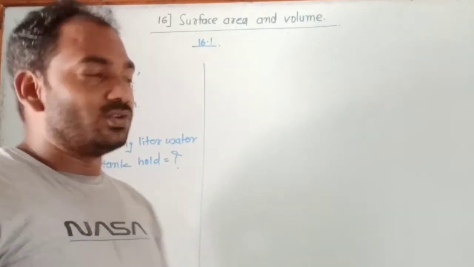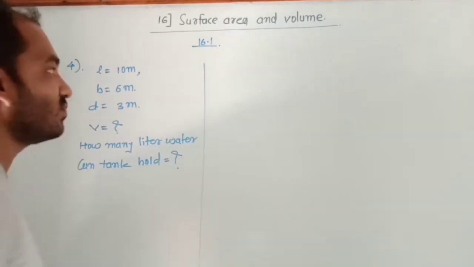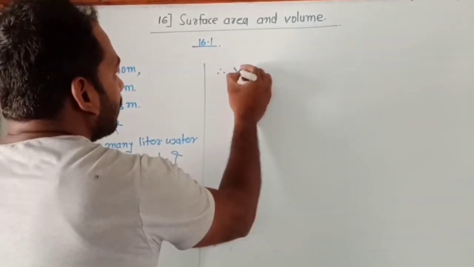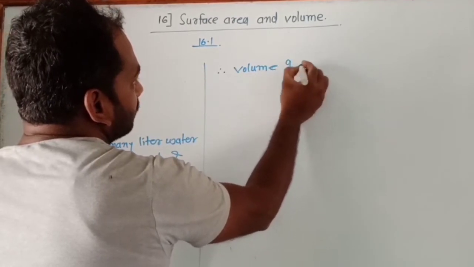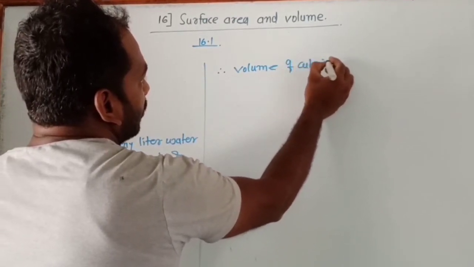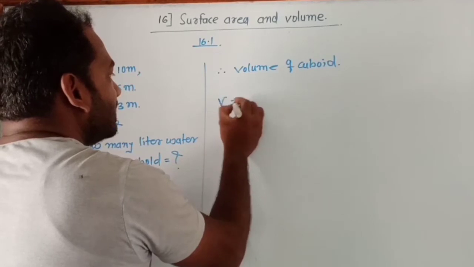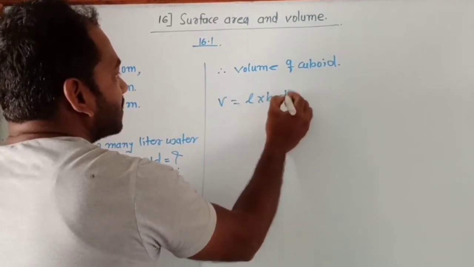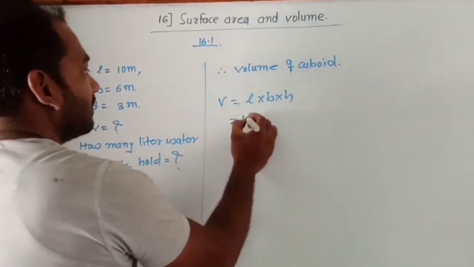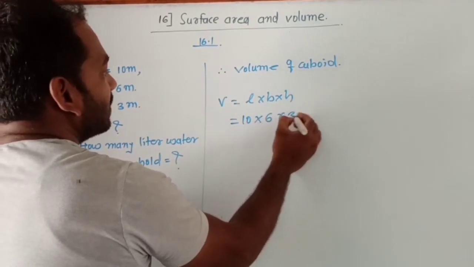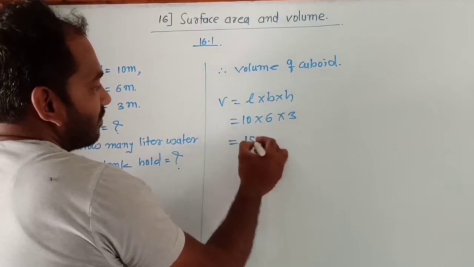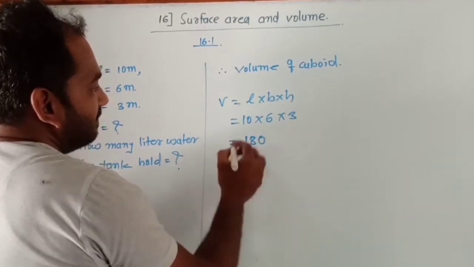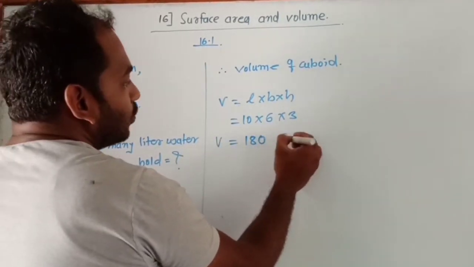So the very first, the tank is cuboidal. Therefore volume of cuboid, V is equal to L into B into H. So 10 into 6 into 3. 6 3s are 18, that is 180 cubic meter.